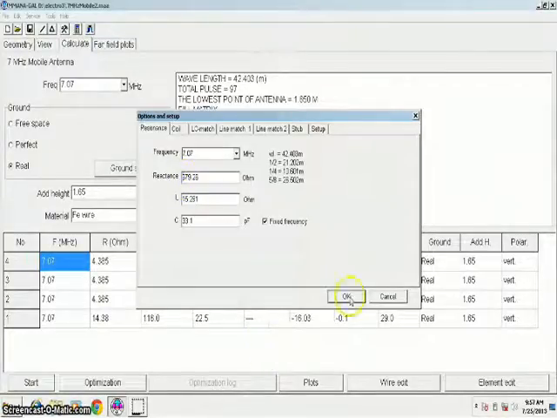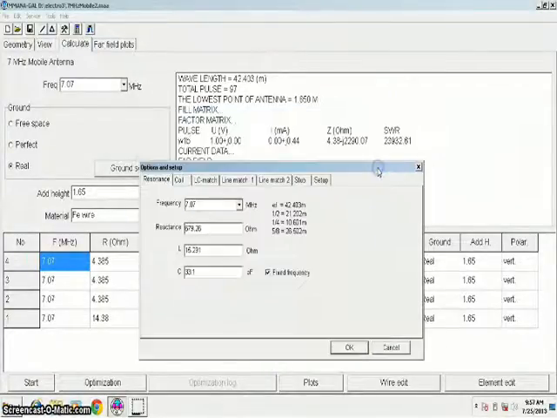For reactance of 2290, 90.07, same as here. The compensating coil should be 51.552. This should not be ohm here, should be programmed by microhenries.